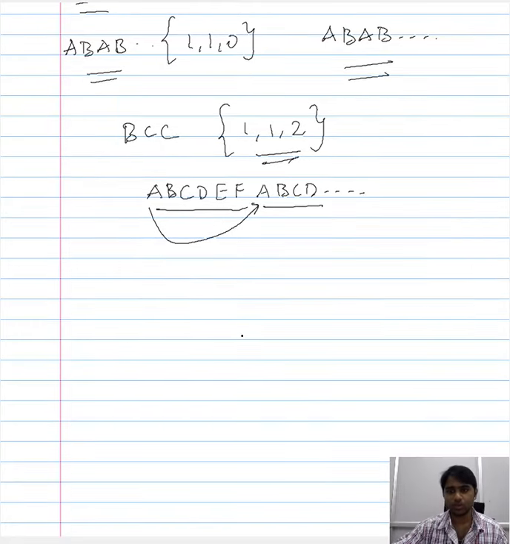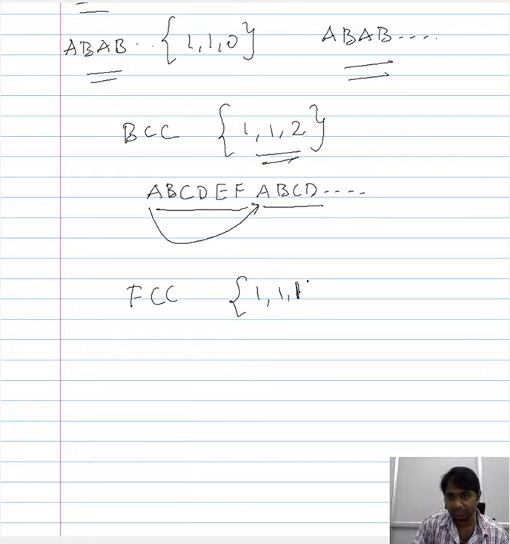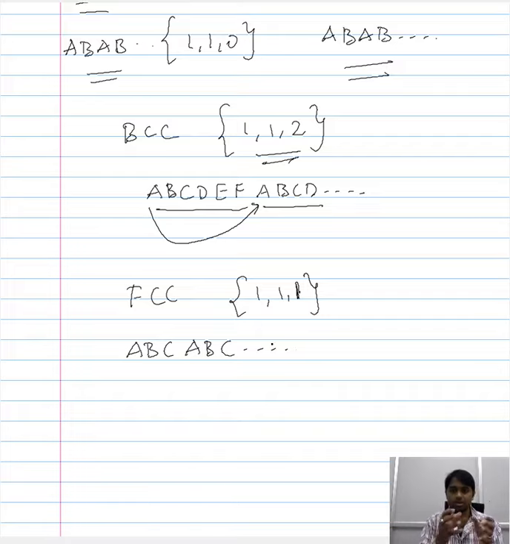The other thing that you might already know is that in case of FCC, when you consider a family of planes represented by 1 1 1, the sequence is A, B, C, A, B, C. So in case of FCC, the sequence is of this type, A, B and C, and A, B and C, meaning every 4th layer of atoms would represent the first one, and the first 3 have their own characteristic positions.